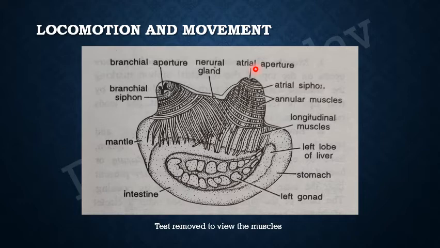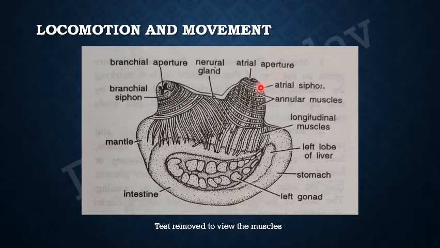So when the animal is feeding, the annular muscles contract, and the branchial siphon becomes narrow, and so the water flows in as a result, and then due to the contraction of longitudinal muscles and relaxation of the annular muscles, the branchial siphon can broaden itself. So by broadening itself and narrowing itself, it controls the flow of water and the flow of food material and everything along with the water.